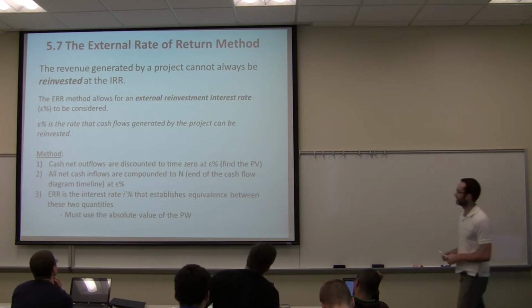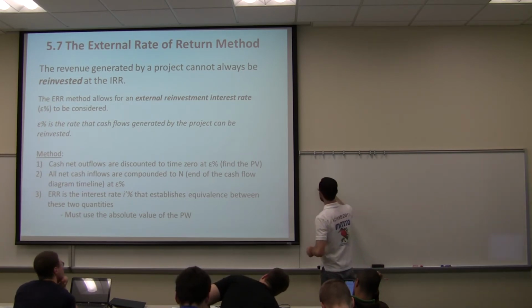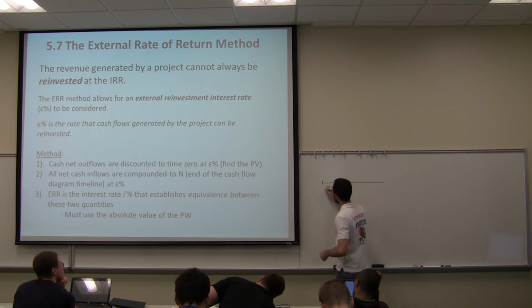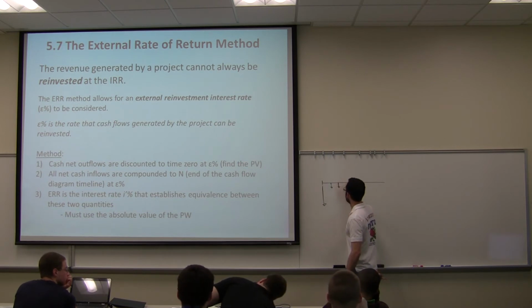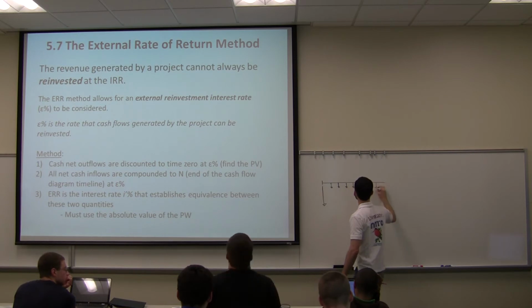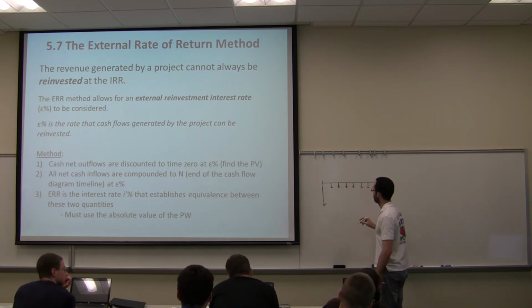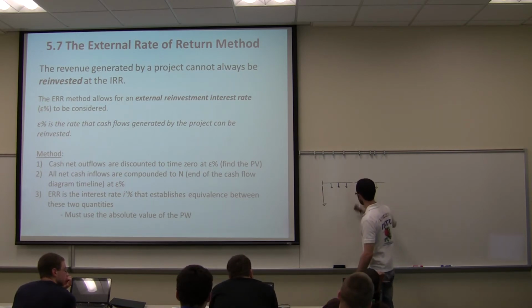So graphically, let me show you what I mean. In a typical project, remember that we make some initial investment, and then maybe there's maintenance along the way. You know, we're paying every year a little bit of maintenance. And maybe there's a major refurbishment in one of these years.